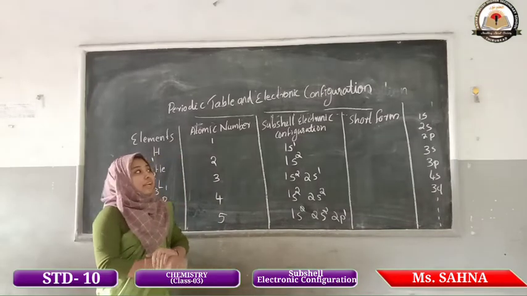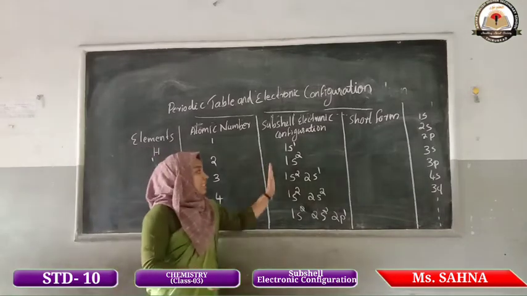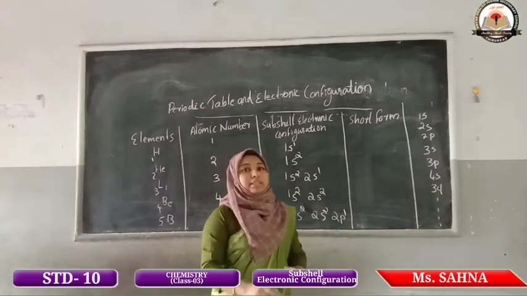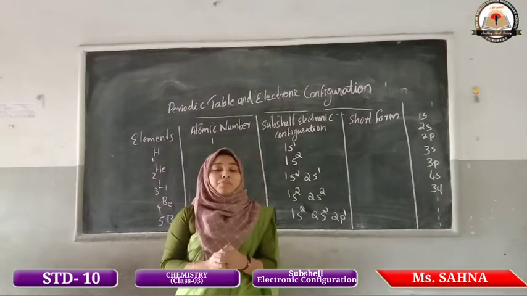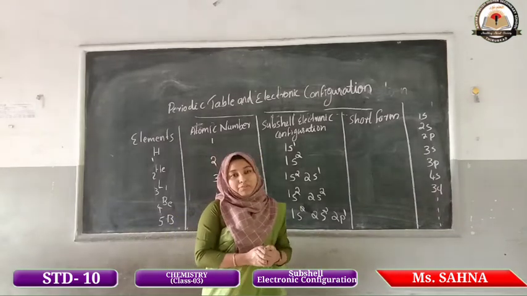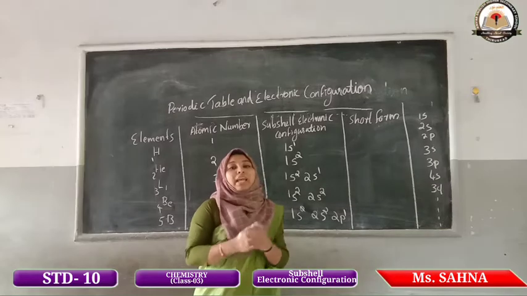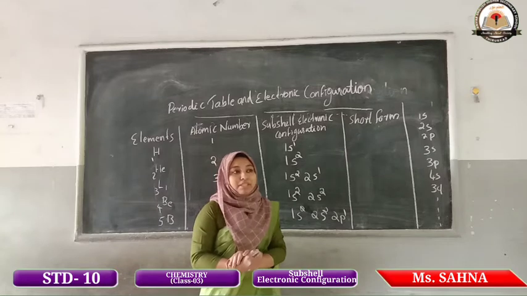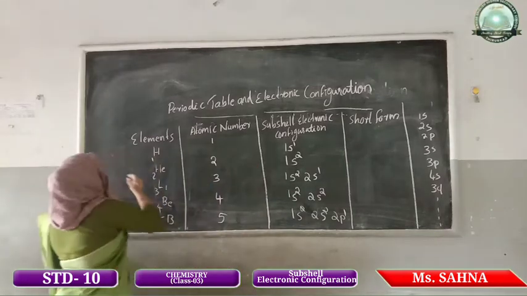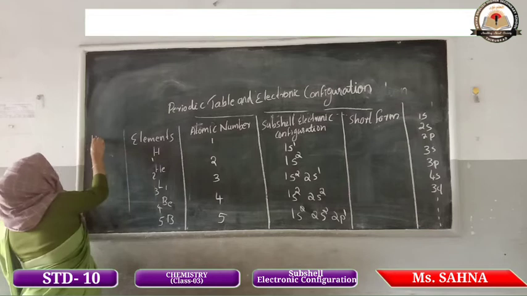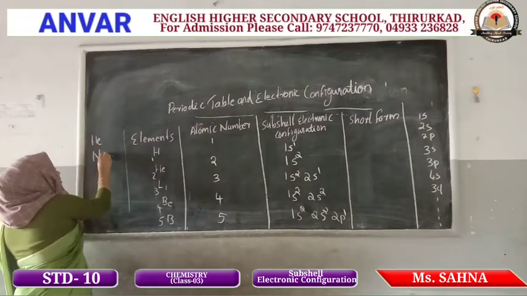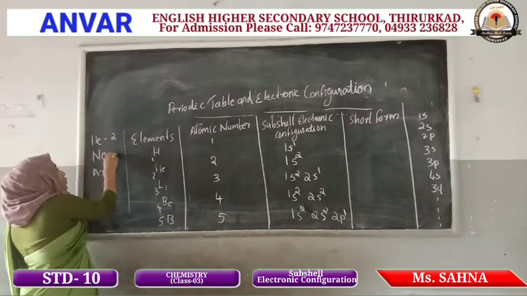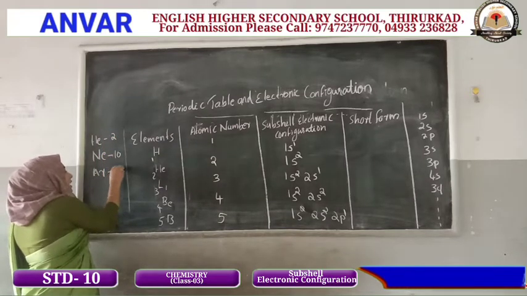And then we write the short form of this subshell electronic configuration. How do we write it? You remember that for writing the short form of subshell electronic configuration, we take elements from the 18th group: helium, neon, argon, etc. Atomic number of helium is 2, neon 10, argon 18.